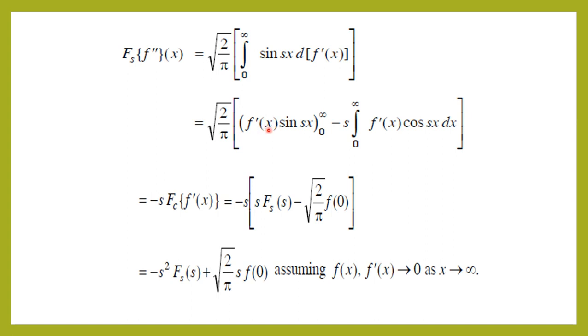For this term, f'(infinity) is 0 and sin 0 is 0, so this will be 0, and the remaining is the Fourier cosine transform of f'(x), equal to minus s times it. The Fourier cosine transform of f'(x) is equal to s F_s(s) minus root over 2 by pi f(0), so ultimately we have minus s^2 times the Fourier sine transform, that is F_s(s), plus root over 2 by pi s f(0).